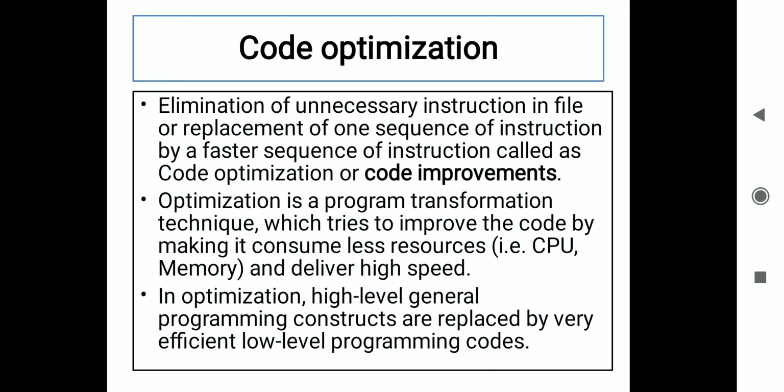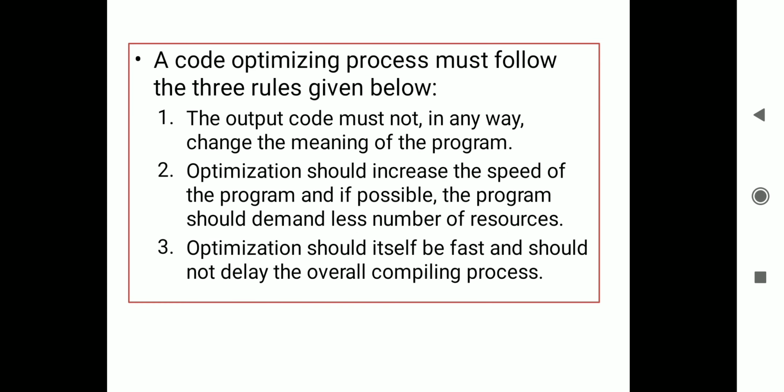Due to this, instructions execute faster, and while we change the particular code, we always take care to preserve the semantics of the earlier code. Okay, so that is about code optimization.